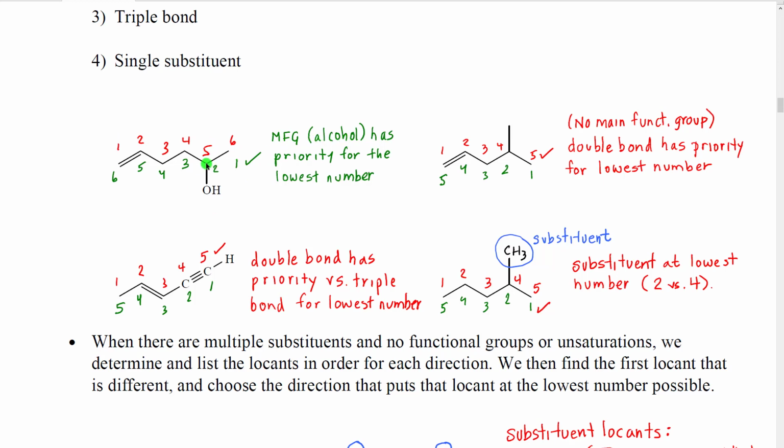And so the main functional group has priority for the lowest number. So if we compare the red numbering system, in the red numbering system, that main functional group would be at carbon 5, whereas in the green numbering system, that would be at number 2. Well, 2 is lower than 5, so we would choose the green numbering system for this molecule.